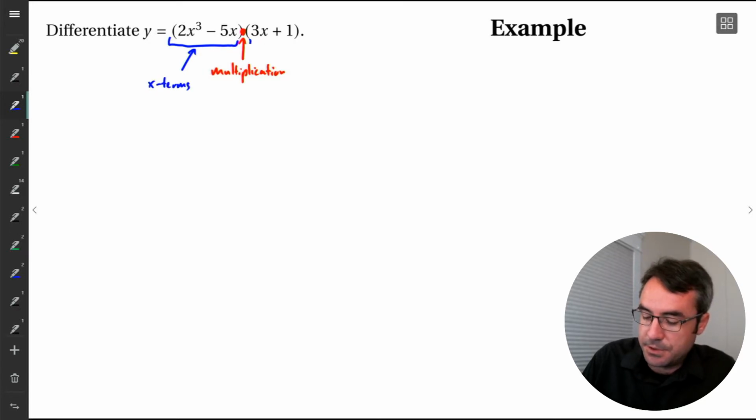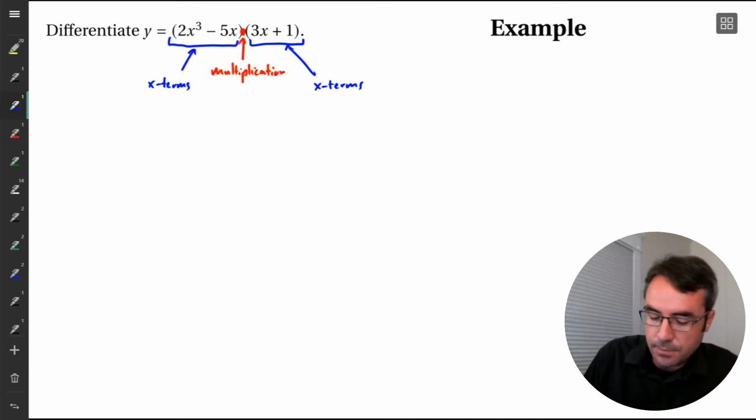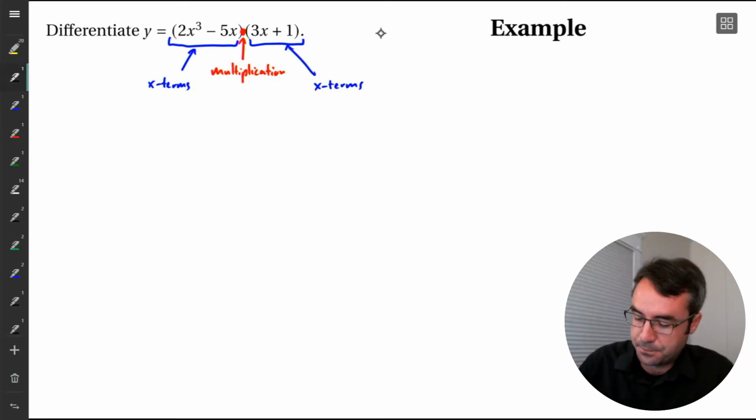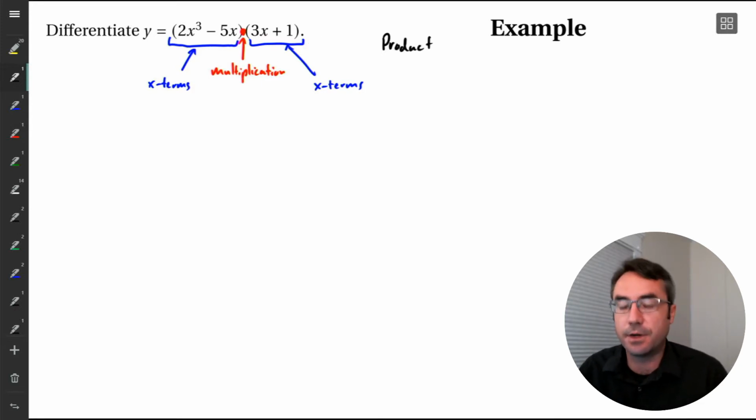Whenever we have variables times variables and we want to differentiate, that's where we use the product rule. So how does the product rule actually work? Again, we have a product of two functions.